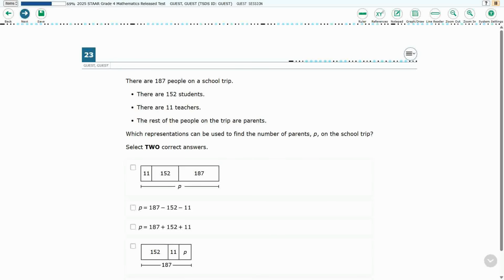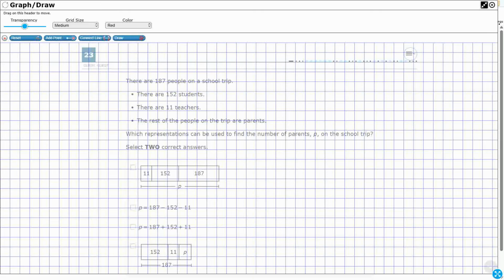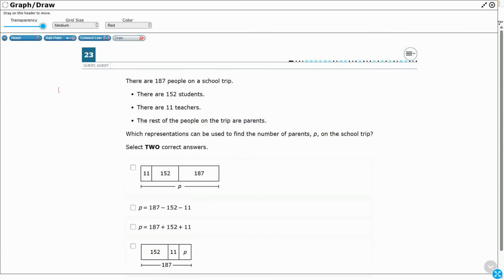For number 23, we are representing an unknown quantity, which is 4.5a. And we've got this little word problem here. We got 187 people on a trip, 152. So look, here's your total. And our students need to be able to recognize totals when they're given to us in problem situations. There are 187 people, boom, total.